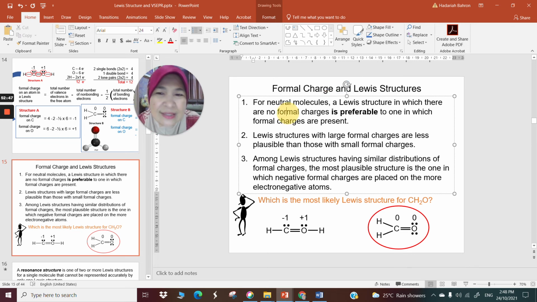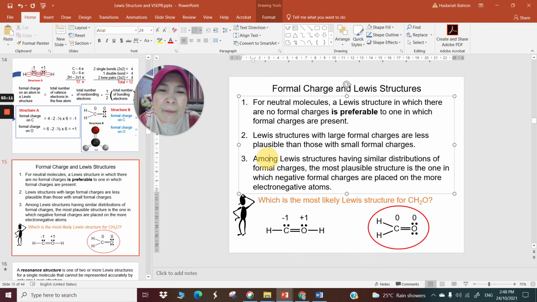So if you get a structure that gives you no formal charge, it is preferable compared to the one in which formal charges are present. So that's number 1. Number 2, Lewis structures with large formal charges are less plausible or less possible compared to those with small formal charges.